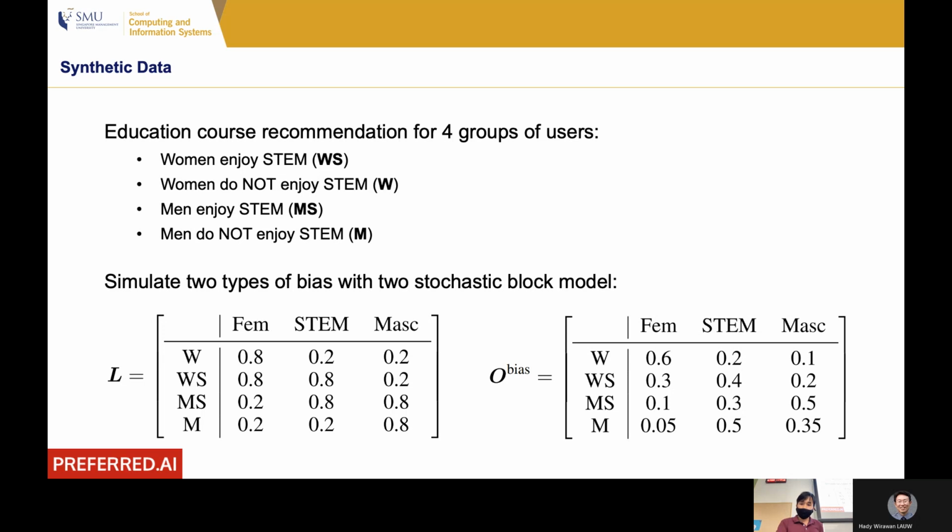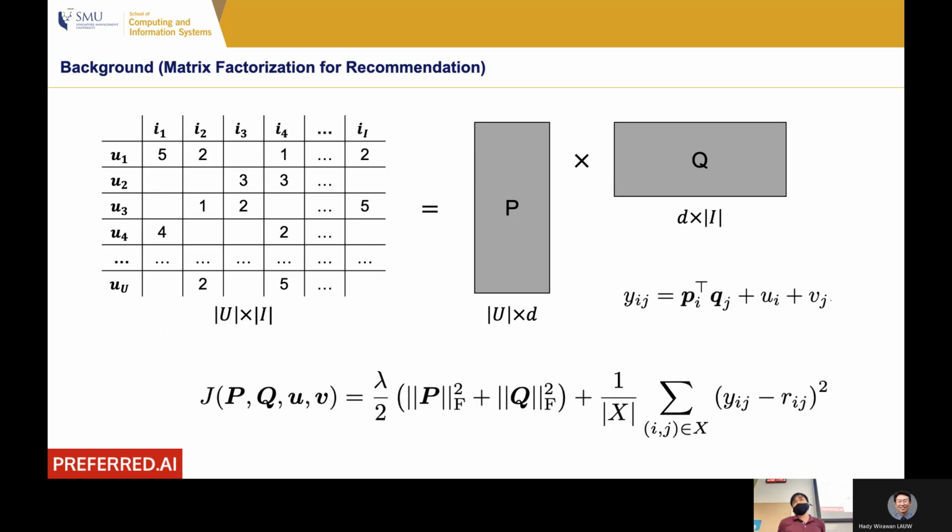Okay, so this paper focuses on a very traditional approach to recommendation, which is matrix factorization. It's a very successful approach for building recommendation systems. And just a little bit of background on matrix factorization for some of you who are not familiar with the approach.